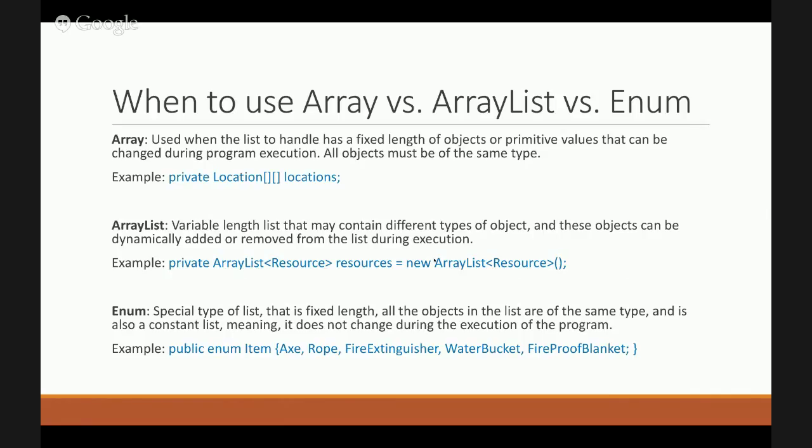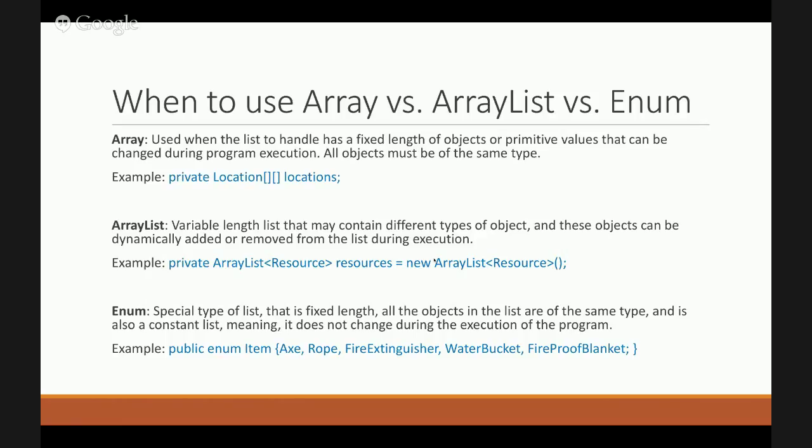The next item is lists within Java. There are several types. We addressed arrays, array lists, and enums. Arrays are used when the list that we want to handle has a fixed length of objects, and all the objects are of the same type, which are primitive values.